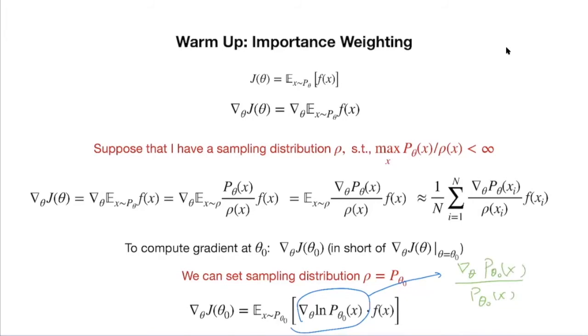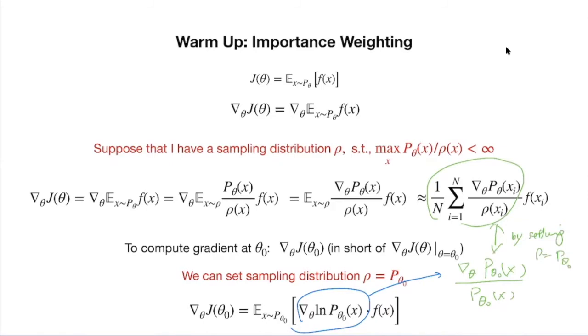I first take the derivative with respect to log, which gives me this 1 over p theta, and then I take the gradient with respect to the term inside the log. And this exactly matches what we have by setting rho equal to p theta 0.